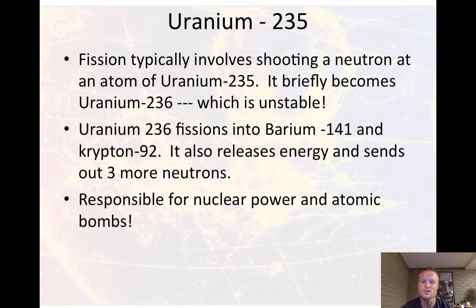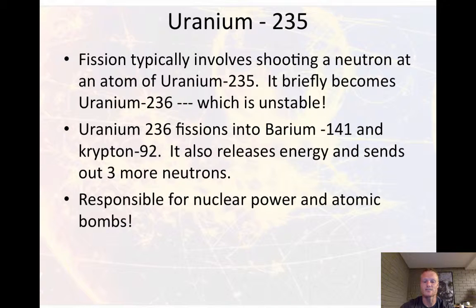So uranium-236 then undergoes fission into barium-141 and krypton-92. During this fission process, it releases energy and sends out 3 more neutrons. Okay, so you have this big uranium-236, it fissions into barium and krypton, and then you also get a release of energy and 3 more neutrons that are released into the surrounding area.